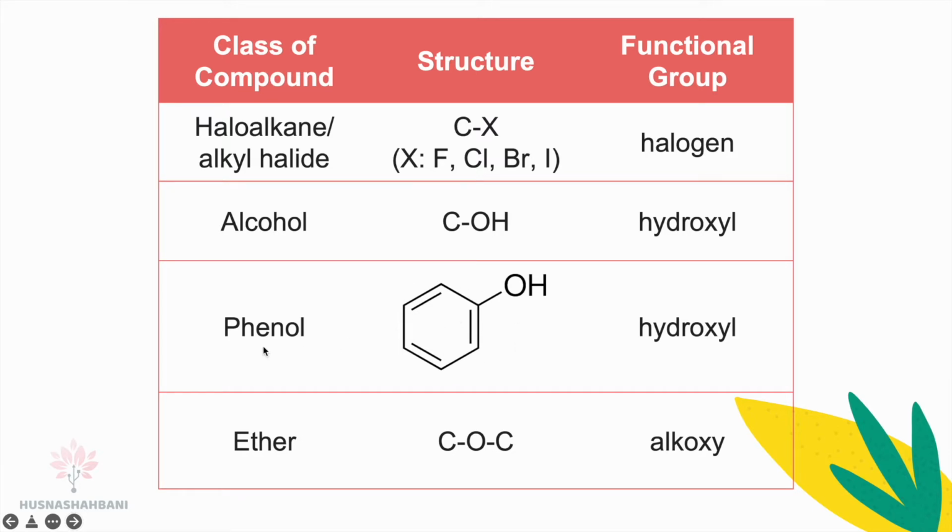So you call it phenol, not alcohol anymore. The class of compound is not alcohol anymore. It is phenol. So the functional group of phenol is the same as the functional group of alcohol, which is hydroxyl.